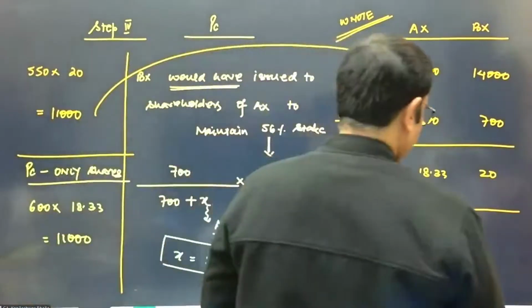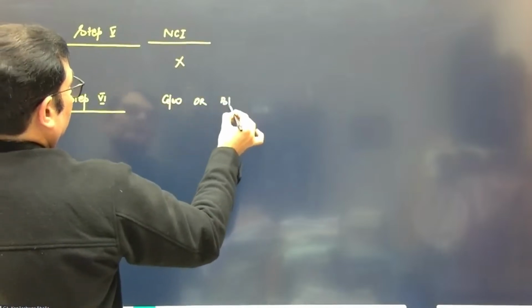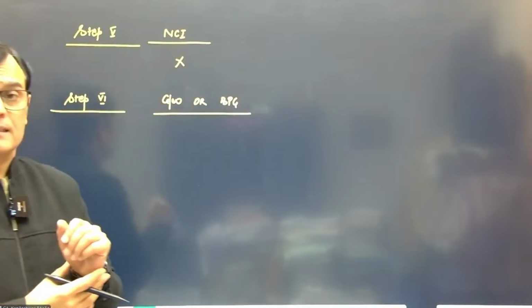Now we can go to the next step, step number 5. Even in this case, step number 5 is not applicable. There is no NCI. Then we go to step number 6, where we need to calculate the goodwill or the capital reserve, what we call bargain purchase gain. Similar calculations will be done at this stage as well.